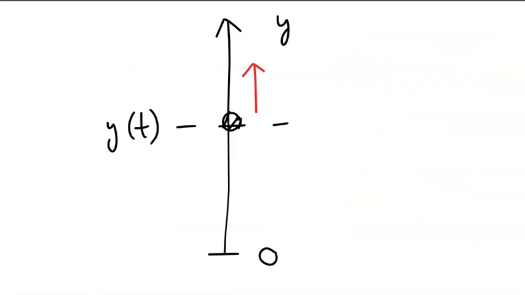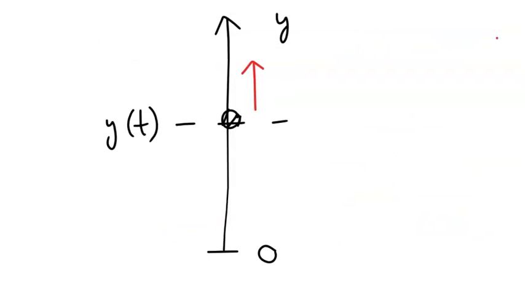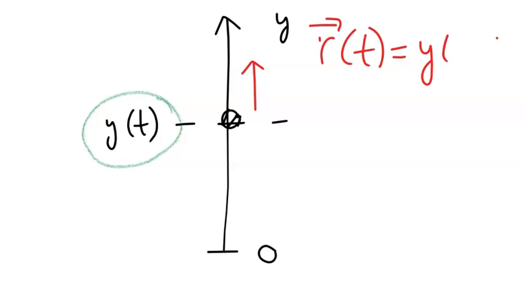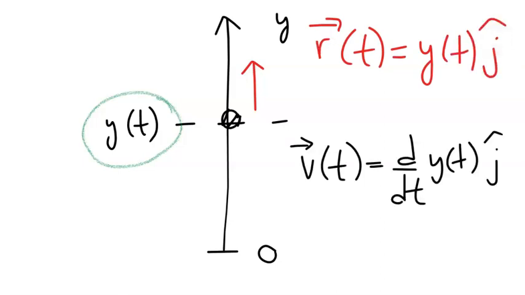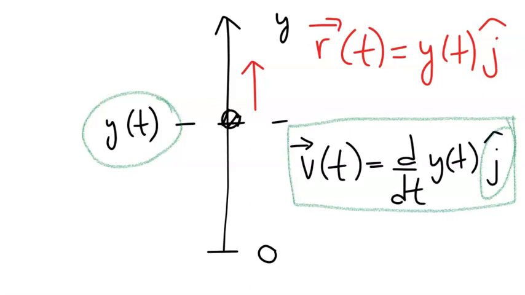Likewise, if an object is moving vertically along the y-axis as shown in the diagram, and y(t) is the y-coordinate of this object at any time t, then its position vector is written in the following form: y(t) j hat. And the instantaneous velocity for this vertical motion is given by this expression. Note the j hat there.